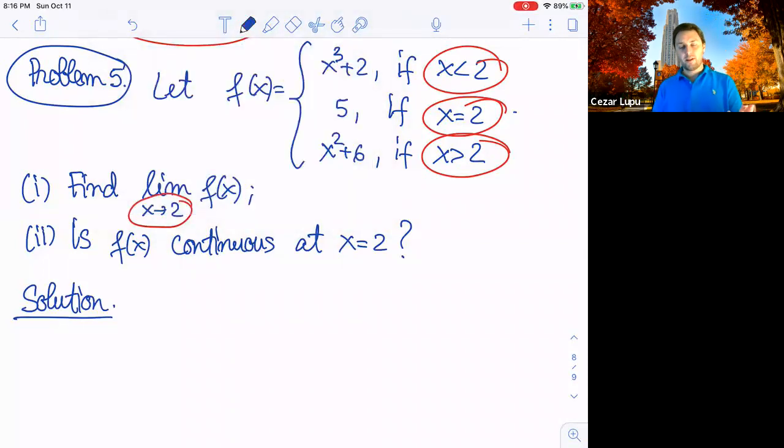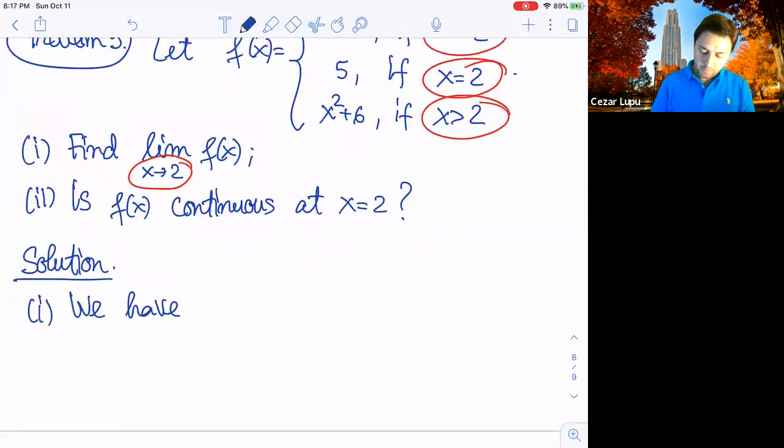So we need to figure this one out. So what do we know about the limits of functions? Keep in mind that for the limit at a certain point to exist, the left-hand limit and the right-hand limit both must agree. So we would like to see that. So let me write it.